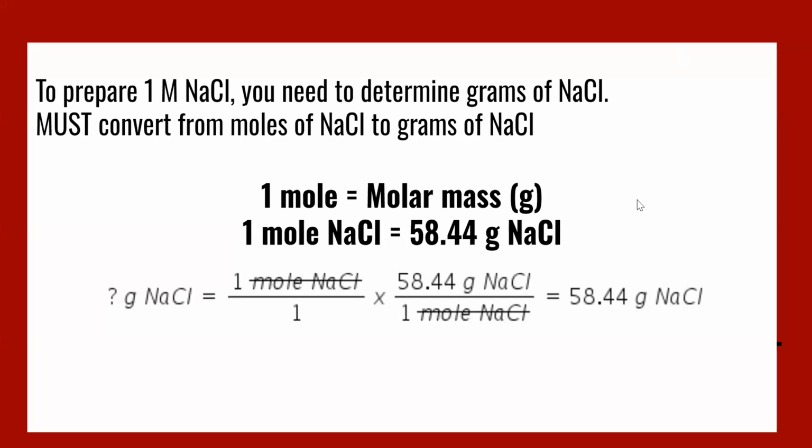So you must convert from moles of sodium chloride to grams of sodium chloride using 1 mole equal to molar mass. And so in preparing that, the mass will be 58.44 grams in 1 liter of solution.